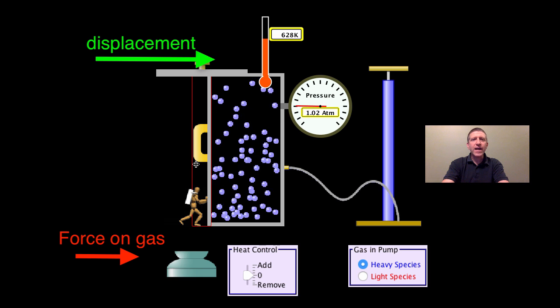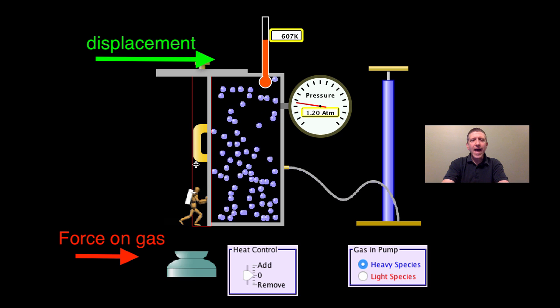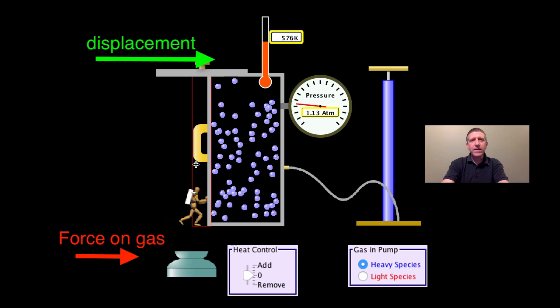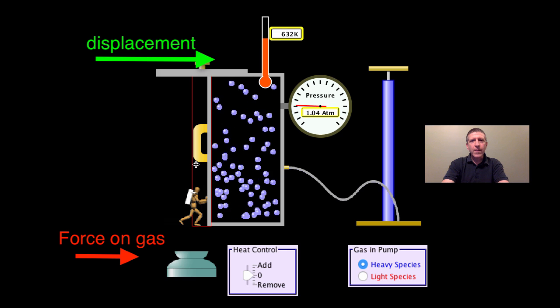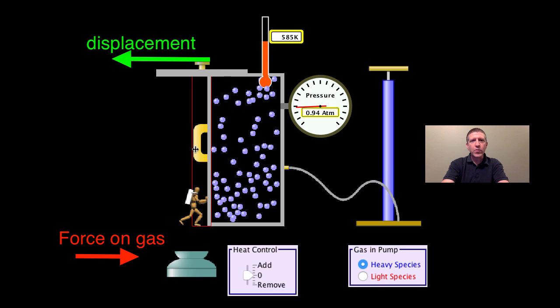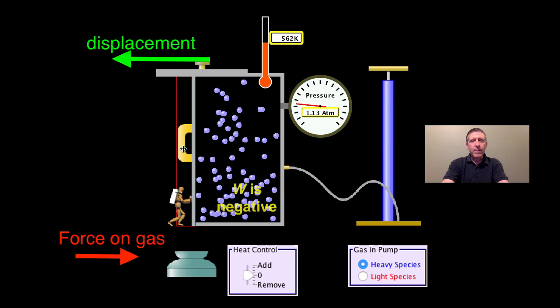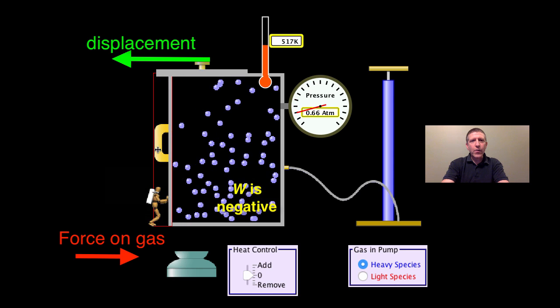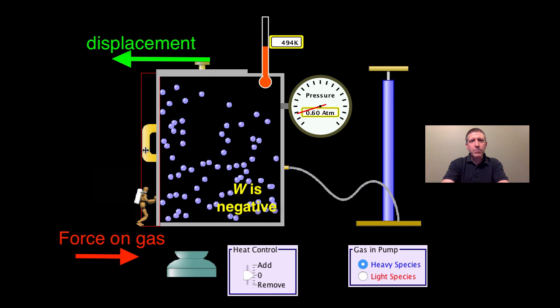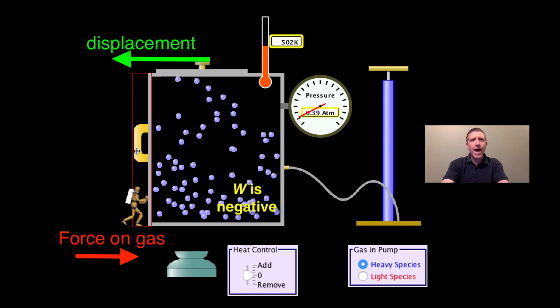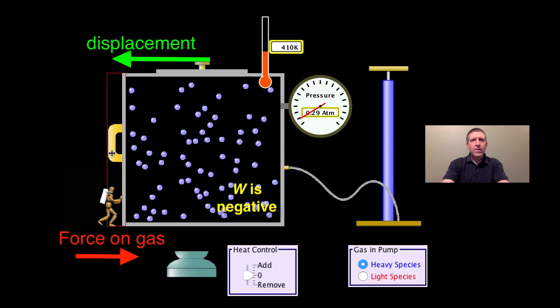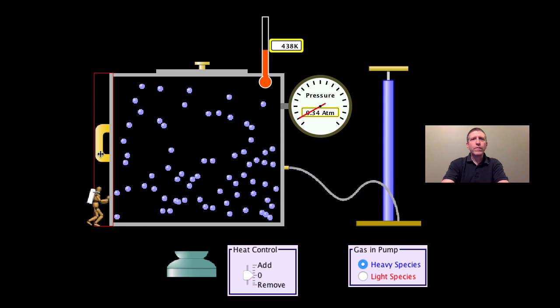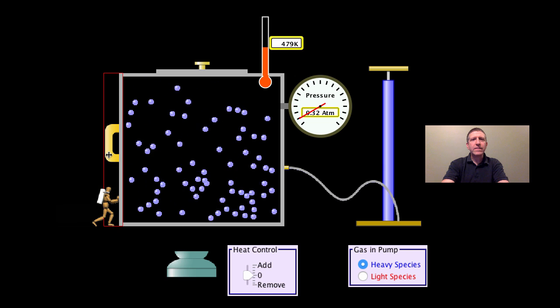The average kinetic energy of the molecules is greater, and as an ideal gas, the temperature is also greater. Now I'm going to go back. The space guy is still pushing to the right, but the displacement is to the left. The space guy does negative work on the gas, causing it to lose energy. W is negative. Negative work is done on the gas. So now we're back to about 450 degrees.